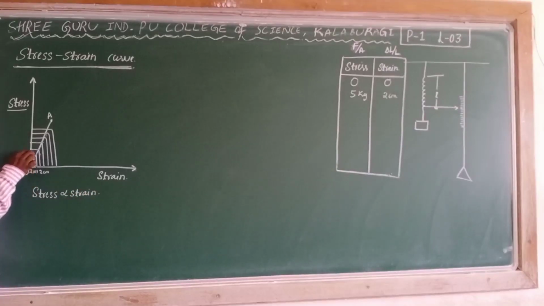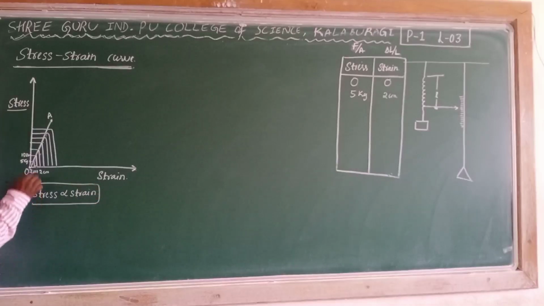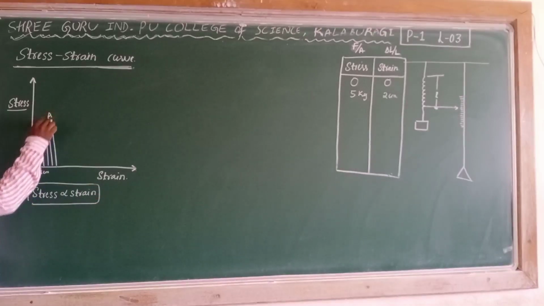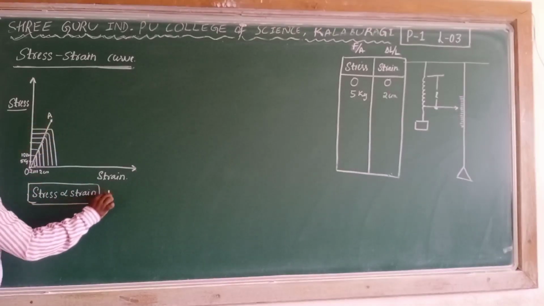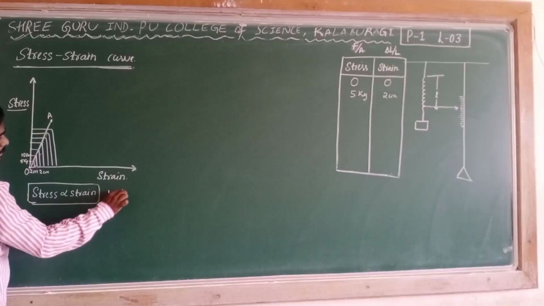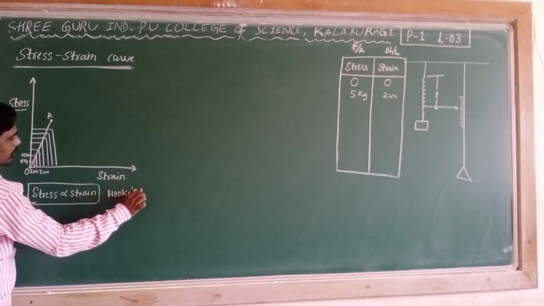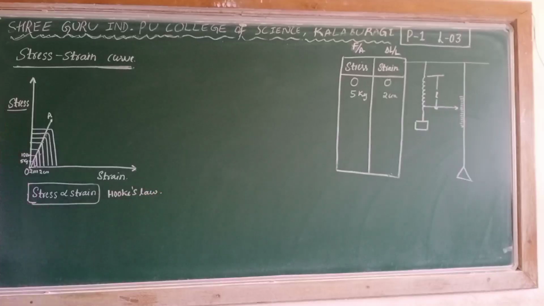At per unit values, the stress applied and the strain is also the same. Why? Because within this limit from 0 to A, the material obeys Hooke's law. From O to A point, a material obeys Hooke's law.